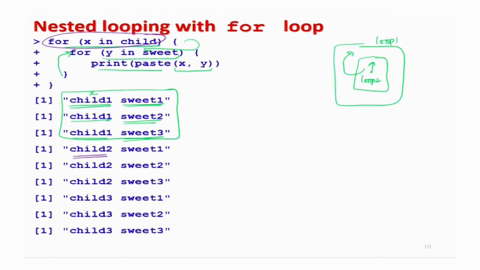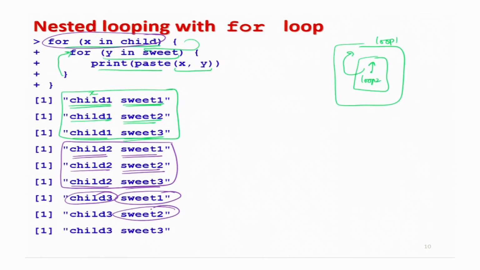Then it comes to the loop for y and picks up suite 1, then suite 2, suite 3, while child 2 remains the same, and it pastes and prints. The same process continues: finally it chooses child 3, then suite 1, suite 2, suite 3, and completes the loop.